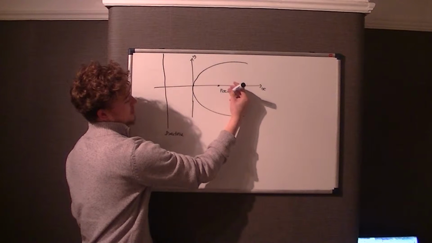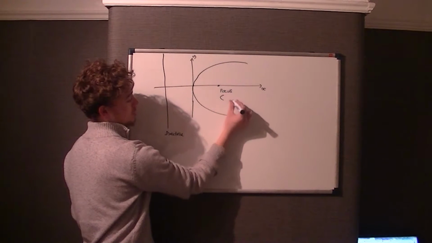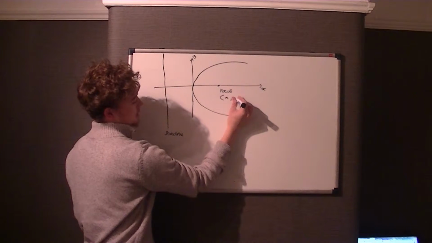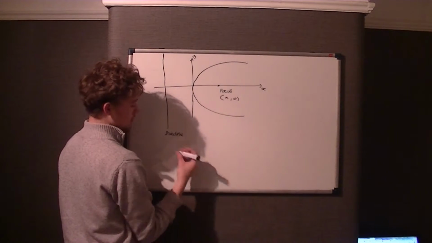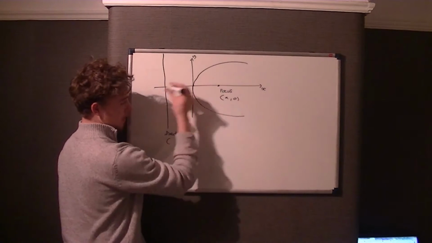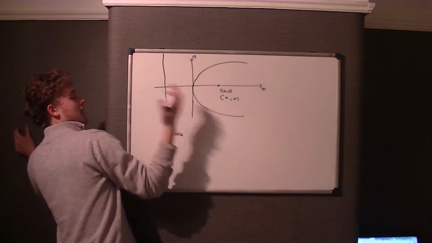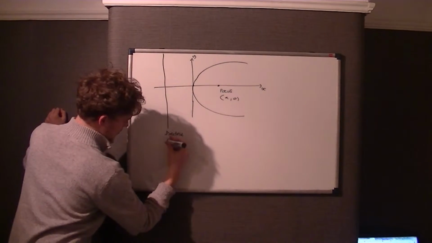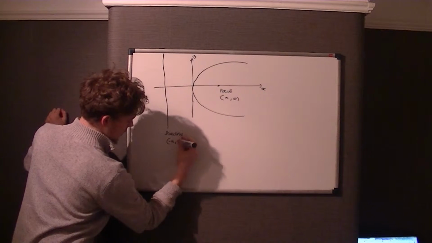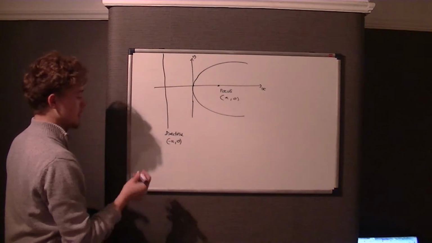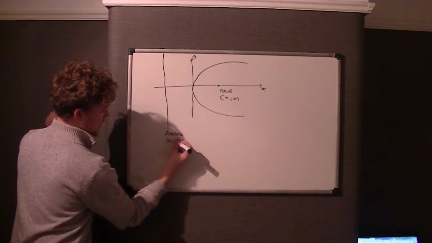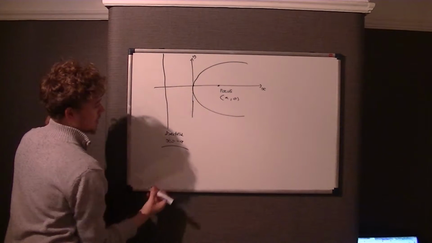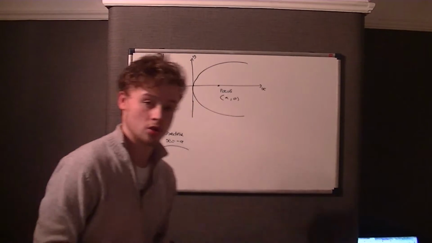I'm going to call this x coordinate a, and it's not got any height, so it's got a y coordinate of 0 because it's on the x-axis. Because the directrix is the same magnitude but on the other side, it is going to have an x coordinate of -a, but still a y coordinate of 0. So it's just x equals -a because it's a straight line up. But the focus is just a point.